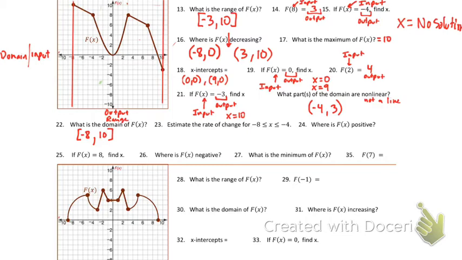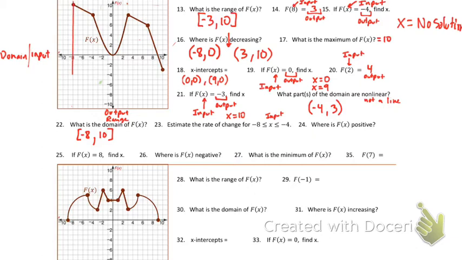All right. Estimate the rate of change from -8 to -4. Okay, remember, this is the other notation we got to be comfortable with. So we're going to go from -8 to -4 on the x line, or the input line. Okay, so I'm going to draw those lines in from -8 to -4. -8, -4. So let's put that in.